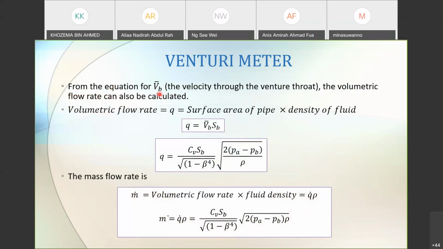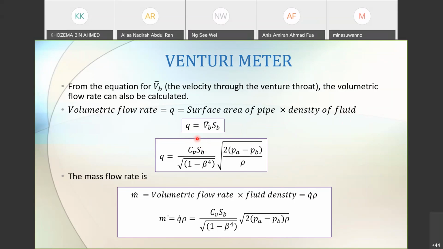So from the equation of VB, we can find the volumetric flow rate. Volumetric flow rate is equal to Q. The unit here must be meter cube per second or cm cube per second. So we can define Q as the surface area of the pipe times the velocity of the fluid.